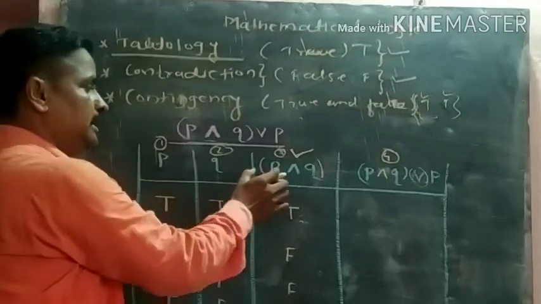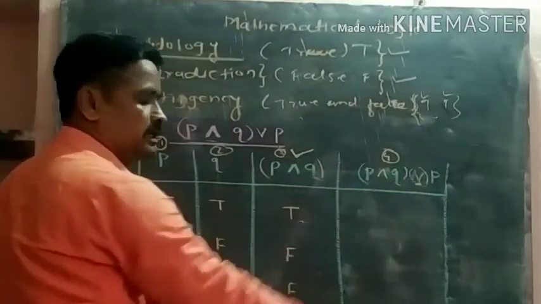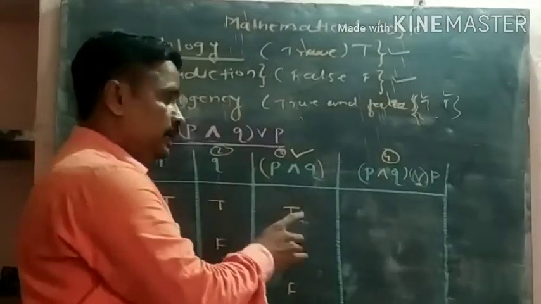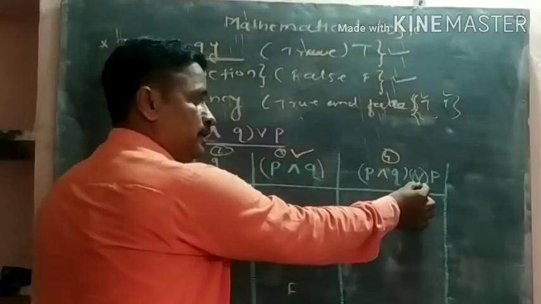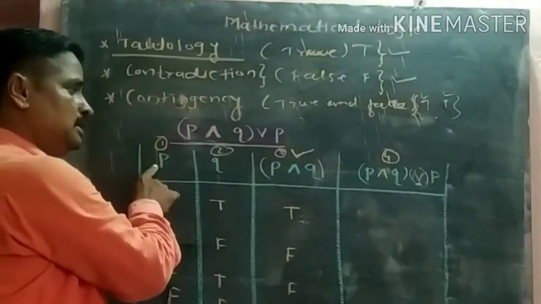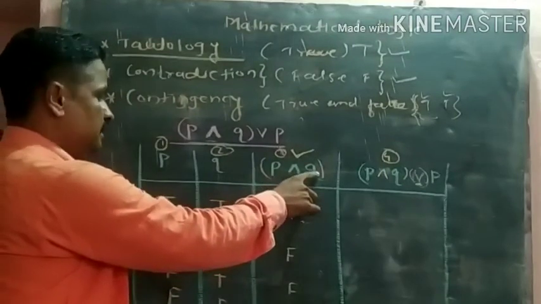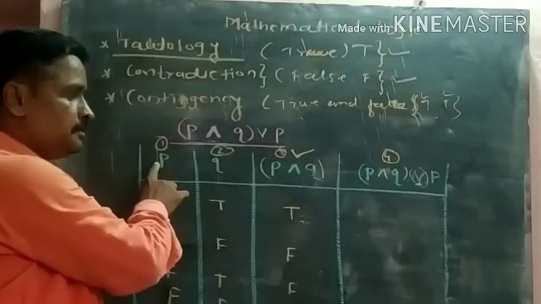So remember this, we have to take a disjunction operation with column number 1 and column number 3. That means P conjunction with Q, disjunction with P.